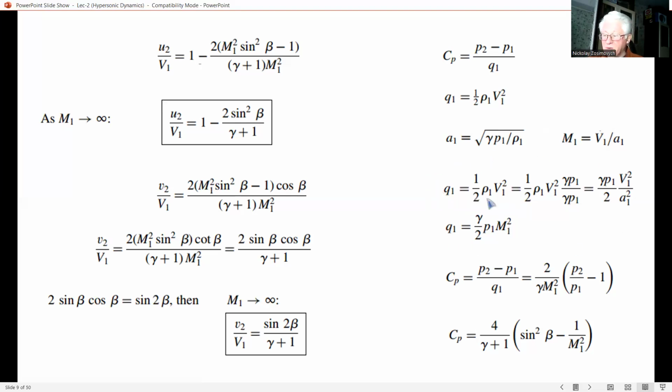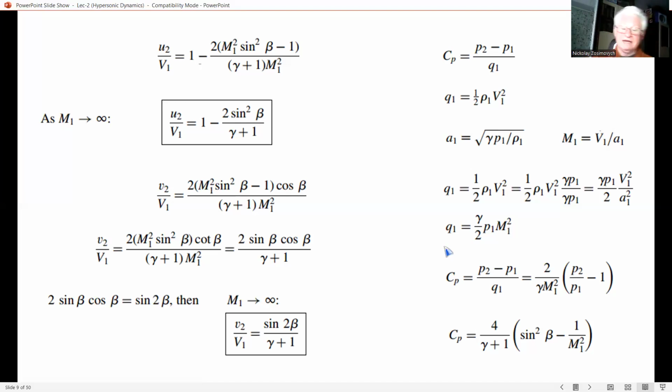Q1 is essentially gamma P1 over 2 times V1 squared over a1 squared, or simply q1 we may write as one half gamma times P1 times M1 squared, where this last equation is a very convenient expression for dynamic pressure and can be viewed almost as an alternative definition of q1.